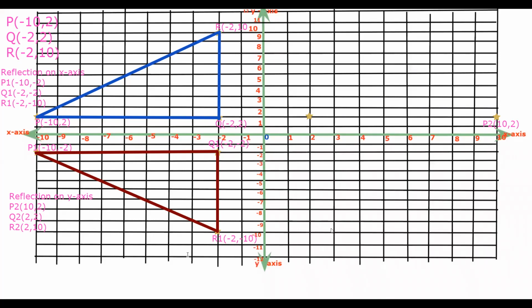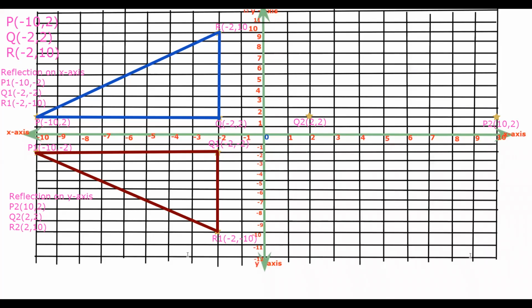So that will be Q2, formed by positive 2 and 2. And then R2 is also followed by positive 2 and 10.